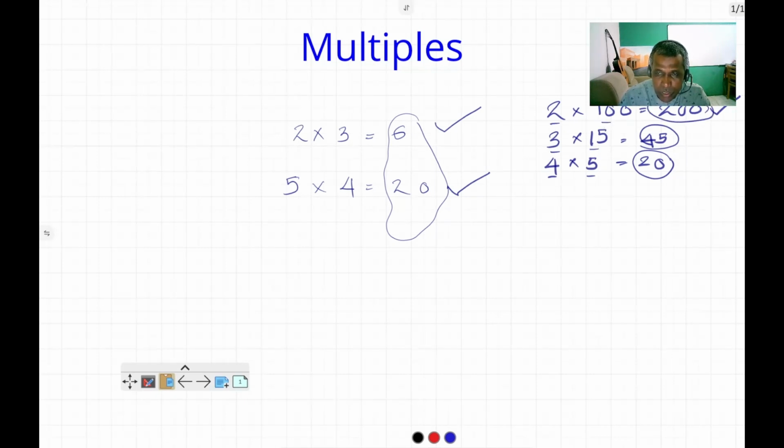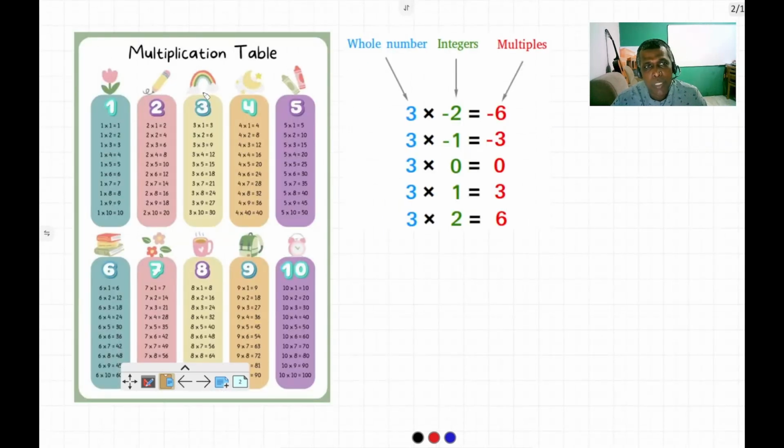These are called multiples. So whatever we learn in tables, they are multiples. All the tables we learn, 2 table, 3 table, 4 table, 5 table, 6 table, 7 table, 8 table, 9 table, and all the tables. As well as multiples are not going to end.